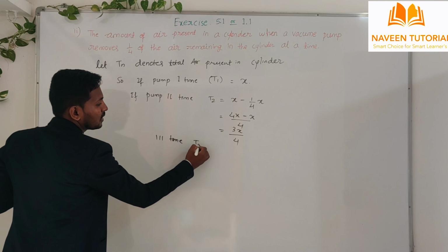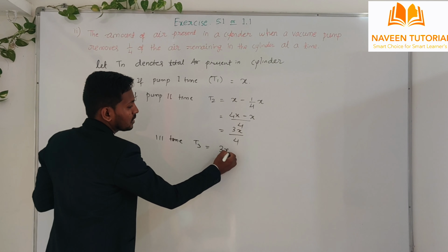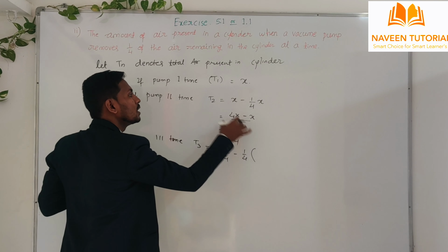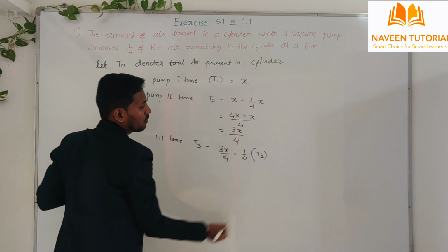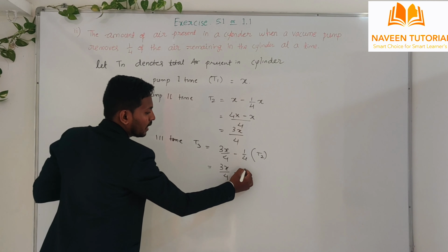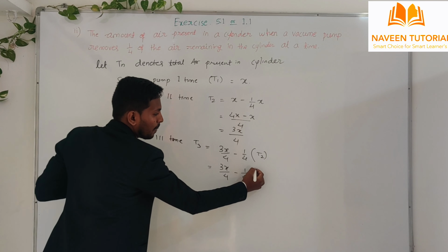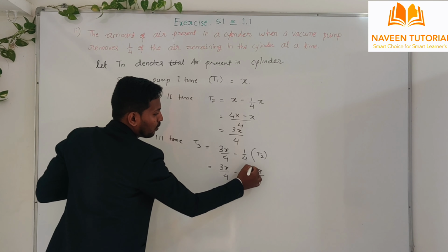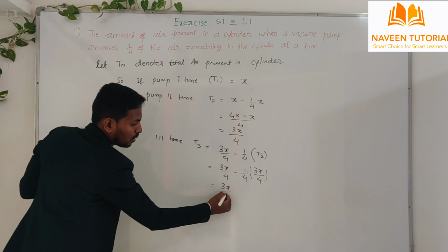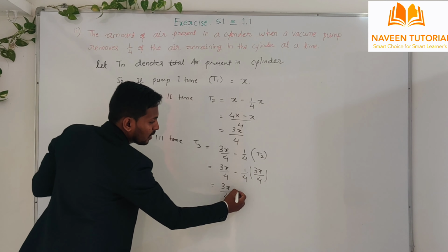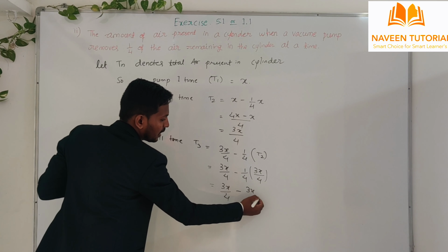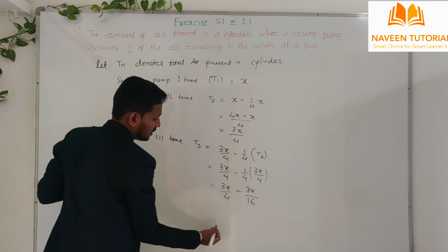Third time, that is T3 is equal to 3x/4 minus 1/4 of this T2. That is 3x/4 minus 1/4 of 3x/4. Keep 3x/4 as it is, then minus times plus is minus, 1 times 3x is 3x, and 4 fours are 16.